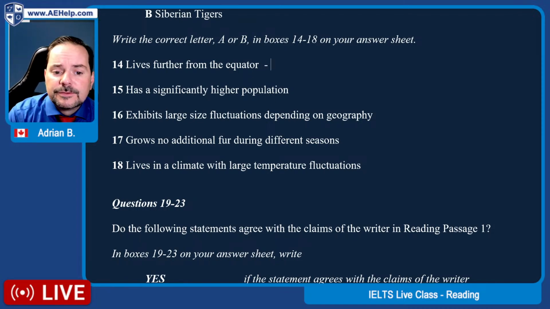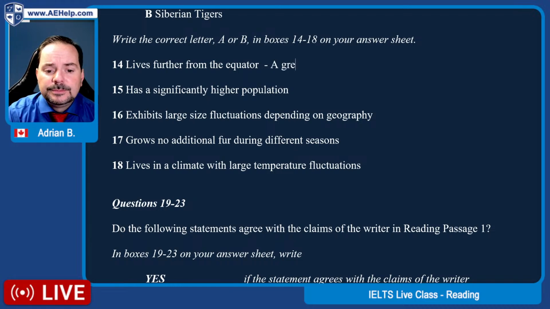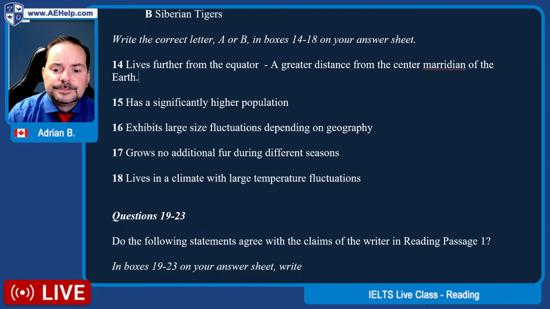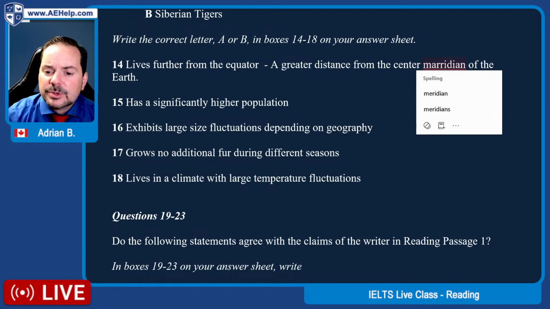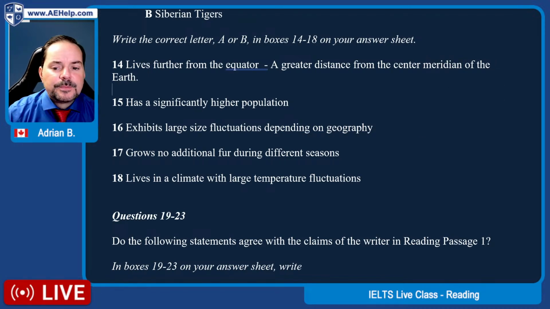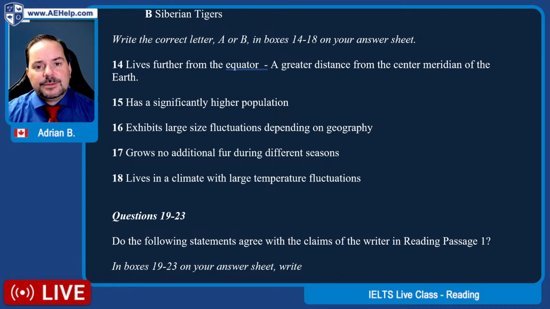So lives further from the equator, a greater distance from the center meridian of the earth. Center meridian, there we go. Center meridian means that center line. That center line is the equator.